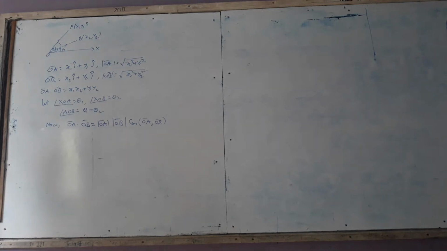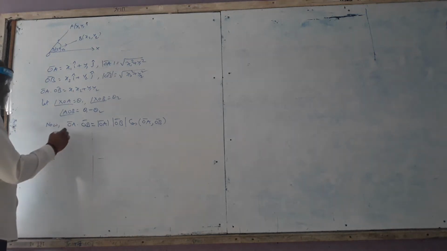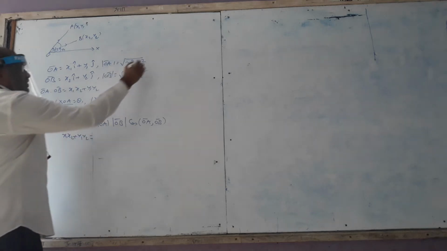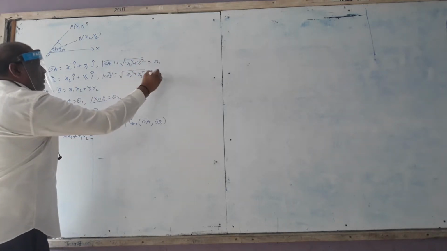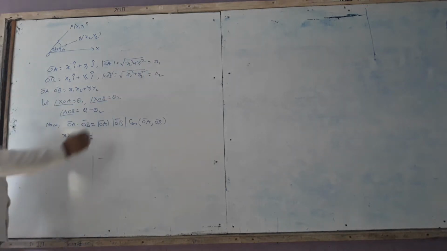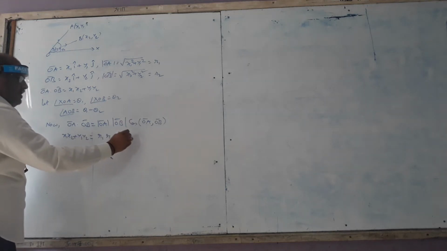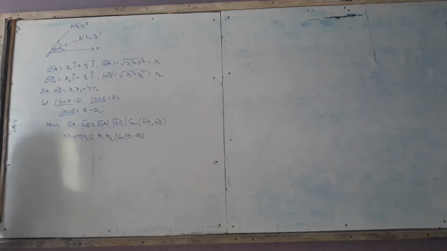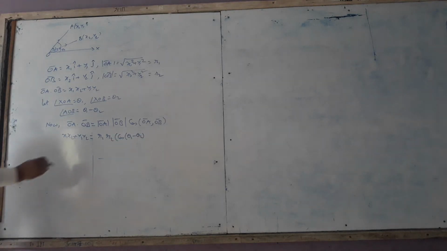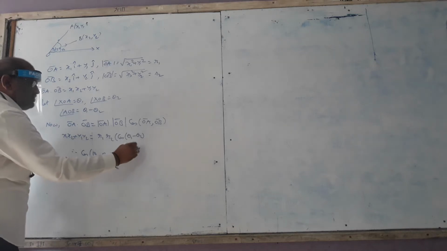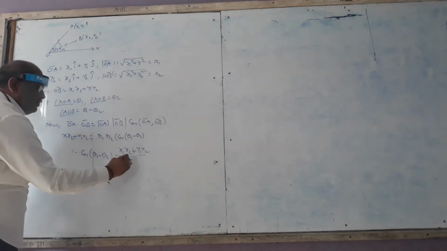So OA bar dot OB bar, given by x1 x2 plus y1 y2, equals r1 r2 into cos of theta 1 minus theta 2, where mod OA bar is r1 and mod OB bar is r2. So cos of theta 1 minus theta 2 equals x1 x2 plus y1 y2 by r1 r2.